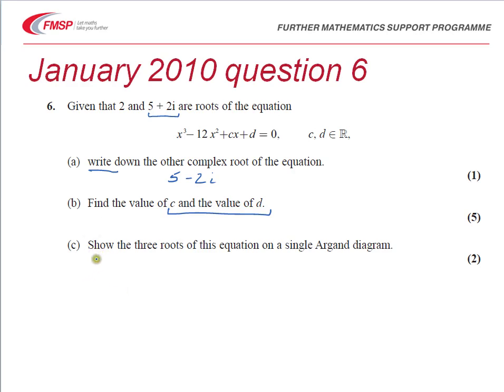So we can write the polynomial as x minus 2 multiplied by x minus, and then the second root 5 plus 2i, and finally the third one, x minus 5 minus 2i.